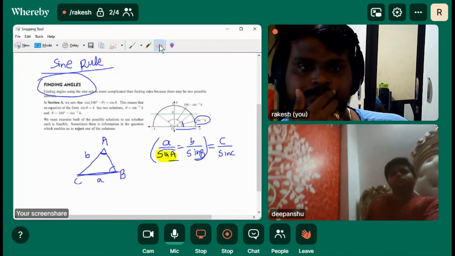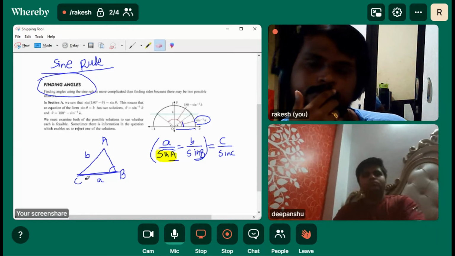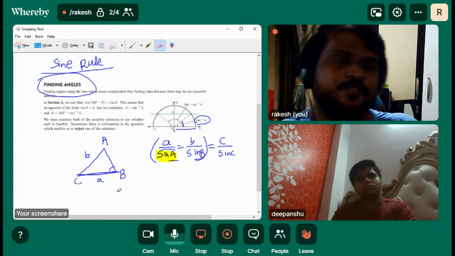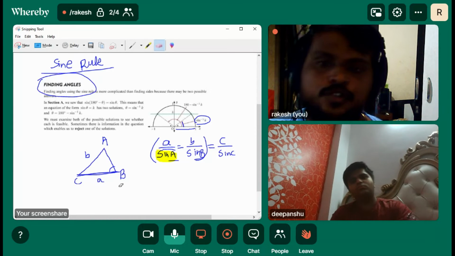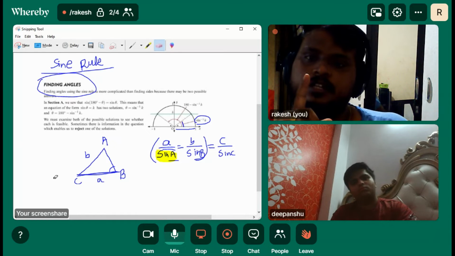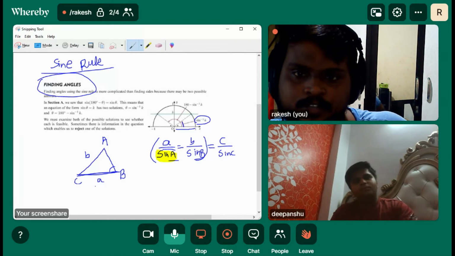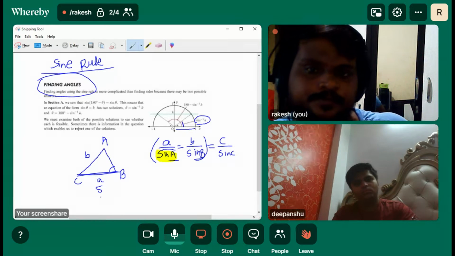So this is one form of the triangle. Let me give you the proper measurement. Let's say this is 5 centimeter, and this is 6 centimeter.